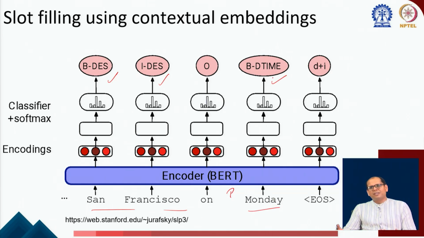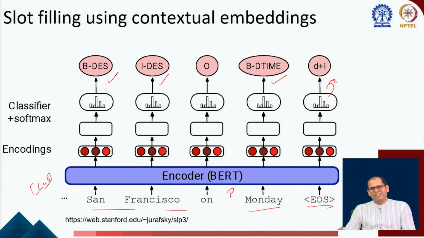And if you want to even classify domain and intent, the same thing can be done. You can use either the CLS token that you had for BERT or the end of sequence token, one of these, to build a classifier that will predict what is the domain, what is the intent. You can do it jointly, you can do it independently. You can say one of them feeds into another.